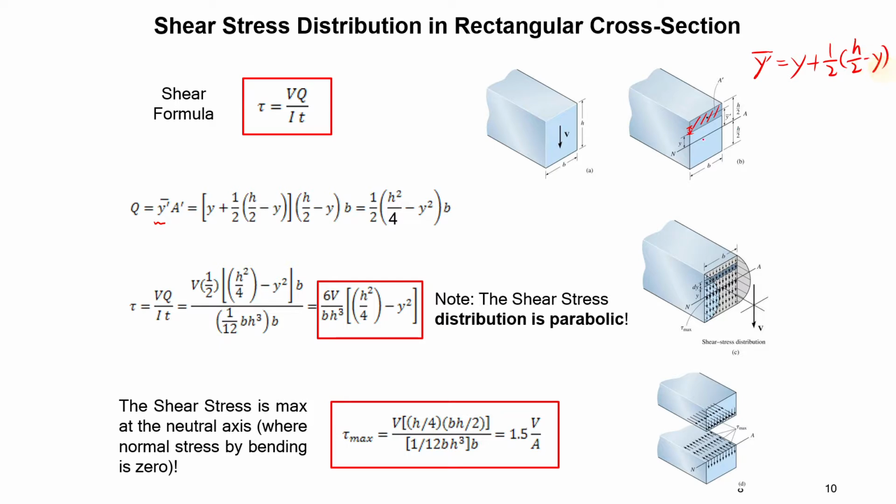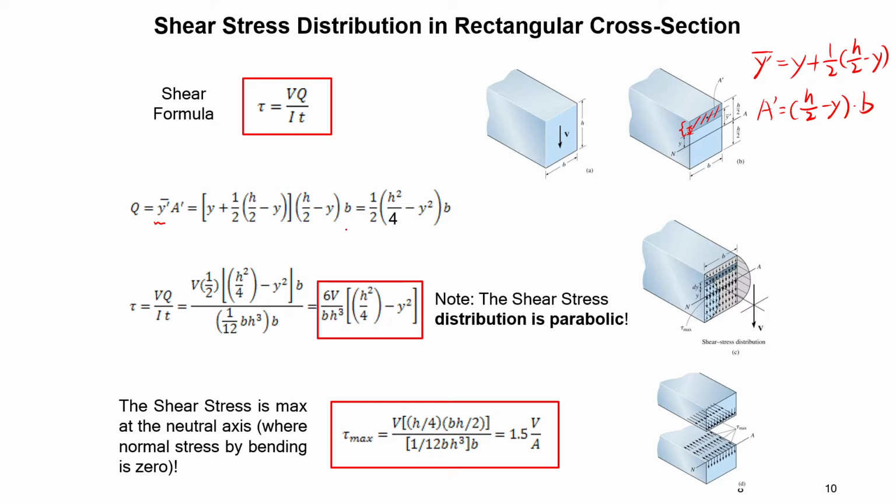So essentially this distance divided by 2 is this one, and this part is times what? Times the area of that part. A minus A prime is essentially half h minus y times the thickness here, b, okay?